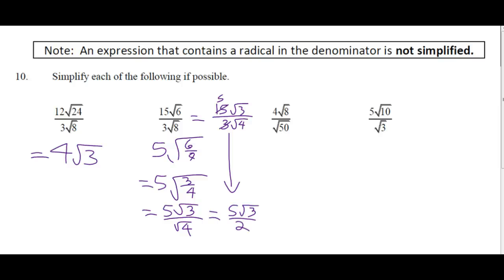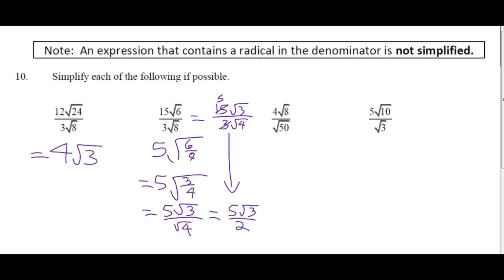Root 8, root 50. So how do you want to do this one? We could do it this way, or we could do it this way. So do you want to write it as 8 over 50, or what goes into 8 and 50? What's the biggest number that goes into 8 and 50?